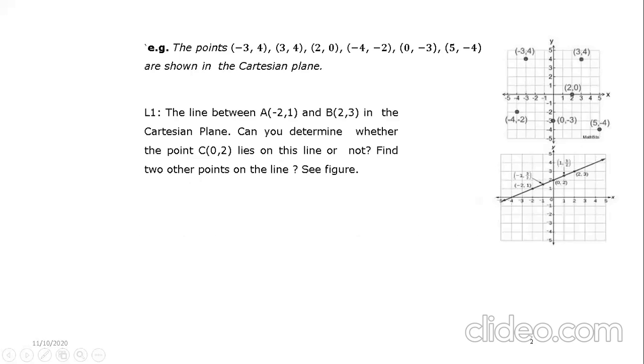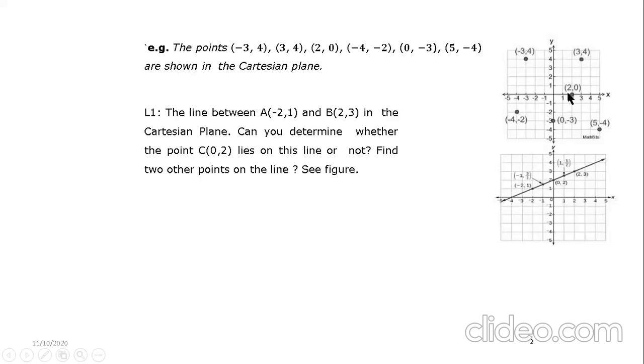This is the point negative 3 and 4. The second point, 3 and 4, we move on the x-axis plus 3, and plus 4, we get the point 3 and 4. The third one, 2 and 0.